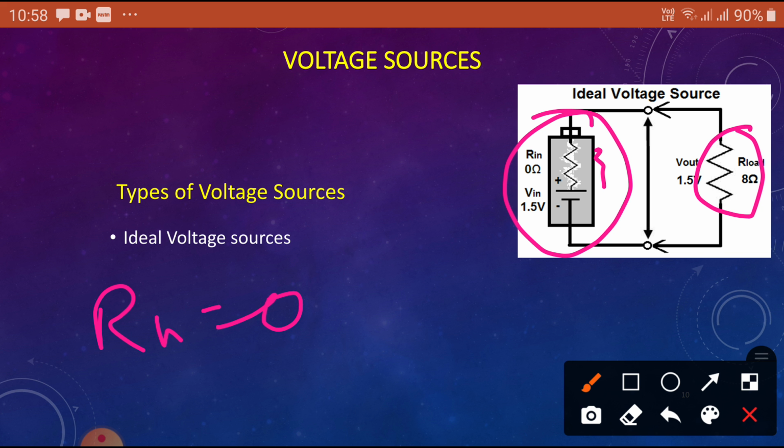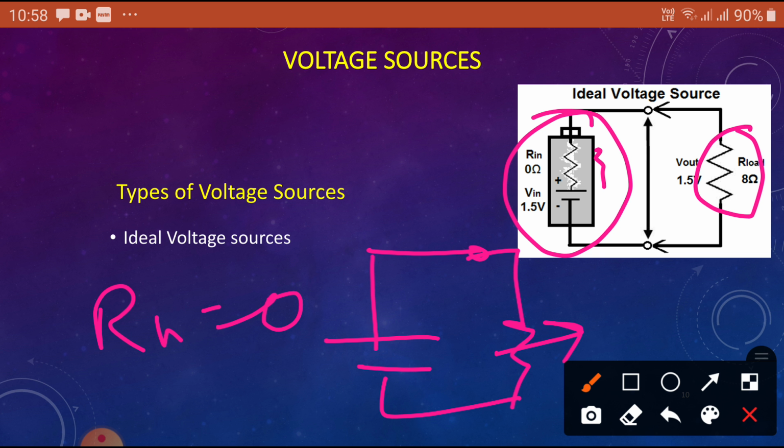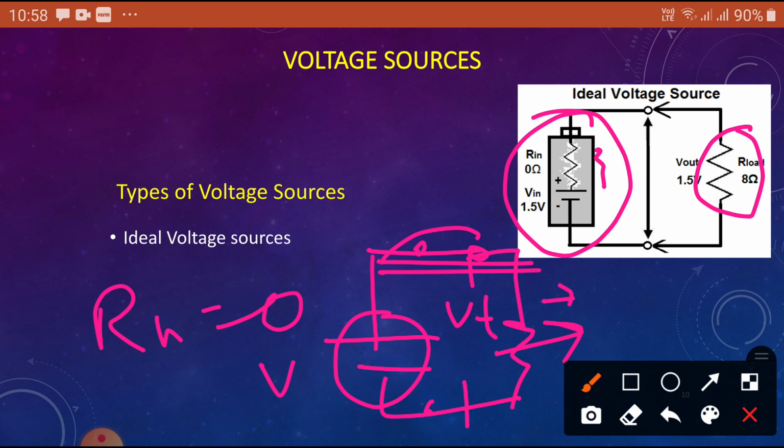And whatever the source provides goes straight to the load. Where is the load? The load is your mother. Whatever the source applied voltage is, this father voltage is equal to the terminal voltage Vt, which is your mother. There is no drop in between, no consuming component, no bad habits, no deductions path.